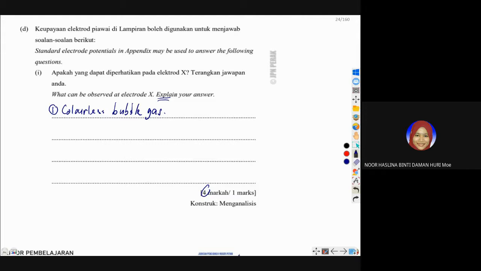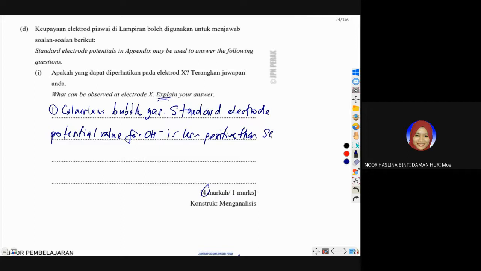The standard electrode potential value for hydroxide ion is less positive than sulfate ion. That's why we choose the hydroxide ion.